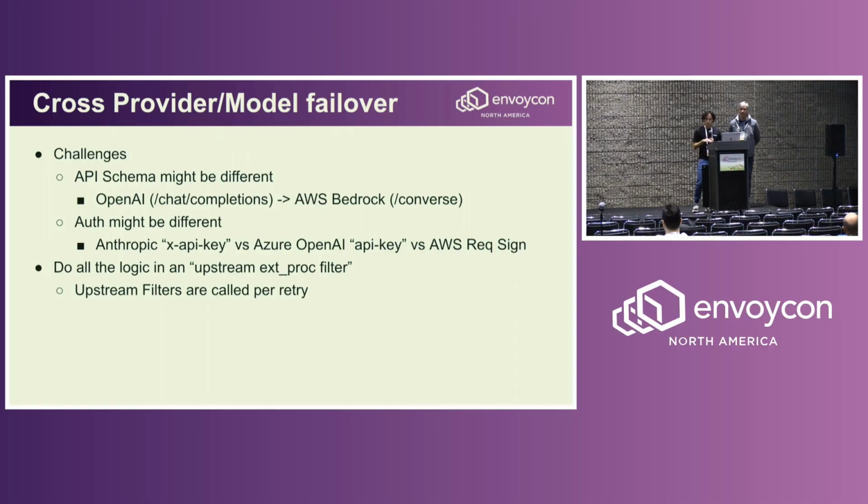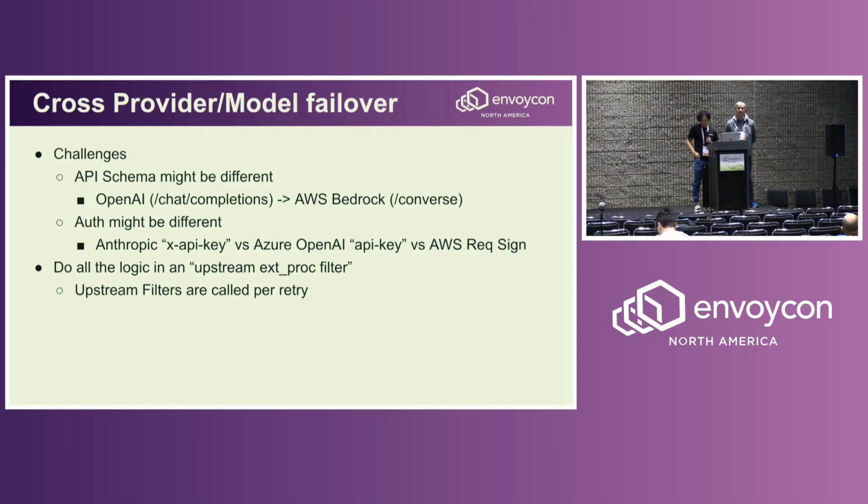The other thing is that authentication and authorization might be different. Anthropic has an x-api-key header. On the other hand, Azure OpenAI has an api-key header without the x- prefix. And also, AWS Bedrock requires request signing on the request body. So we have to do that logic in the retry loop.